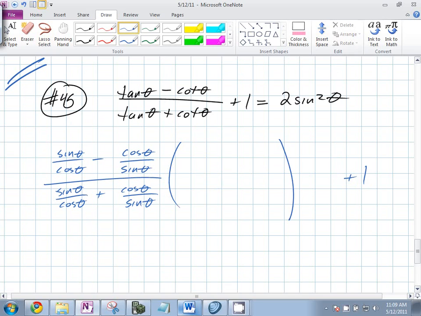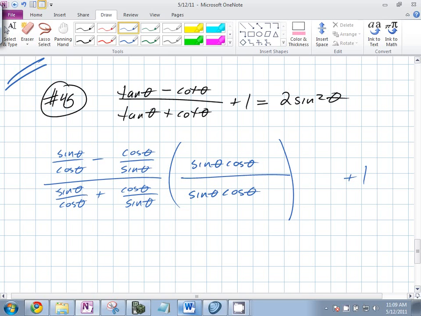Let's multiply by something. What do you want to multiply by? A form of 1. Can someone tell me what form of 1 we should multiply by? What common denominator are we going to end up with? Yeah, sine theta, cosine theta is going to end up being our common denominator, right? So what happens if we multiply all 4 of those terms by sine, cosine?